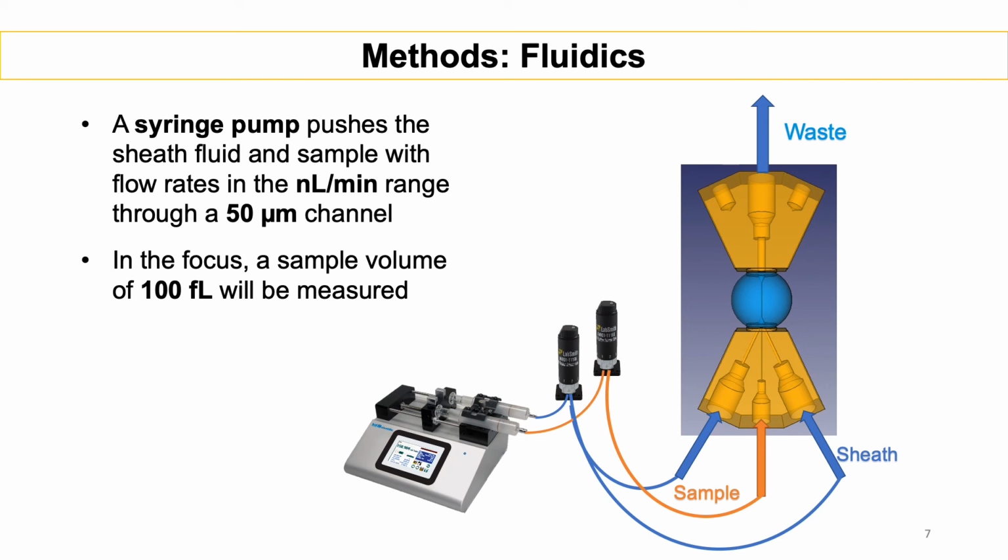This gives the particles extra time in the 100 femtoliter interrogation volume, collecting more information on the particles. Also, our round flow cell is unique for flow cytometers, so we don't need the refractive index coupling gel, which generates more background signal.